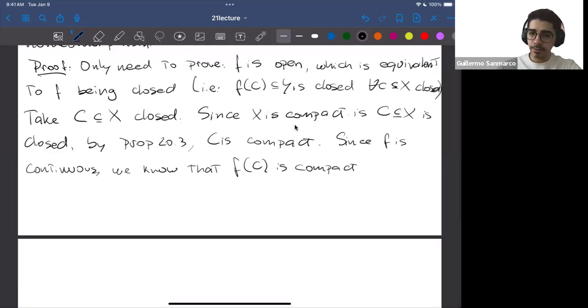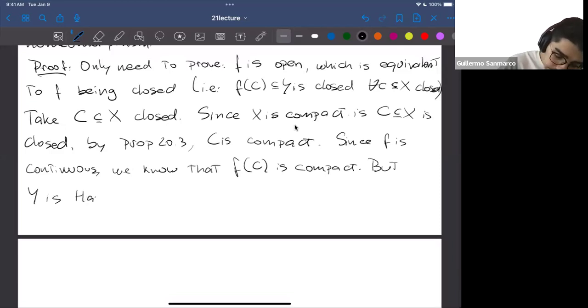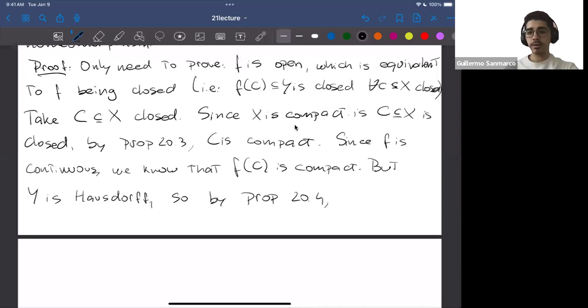Okay, but we're assuming Y is Hausdorff. So by the proposition we just proved, that's proposition 4, it follows that you are a compact space inside the Hausdorff space. That means you need to be closed.